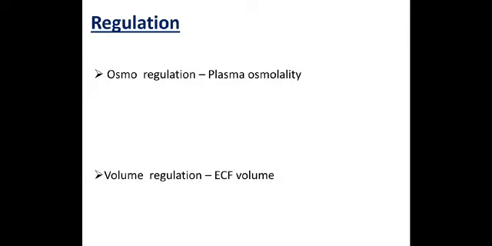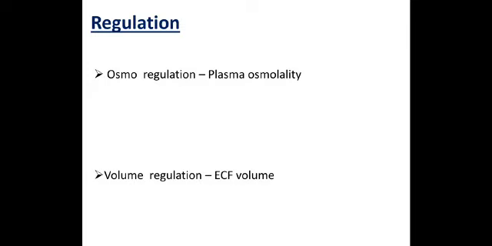The second mechanism by which ADH is regulated is by changes in extracellular fluid volume, also called the volume effects. Here, vasopressin is secreted when the extracellular fluid volume is low, and it is decreased when the extracellular fluid volume is high. It is mainly mediated by stretch receptors.